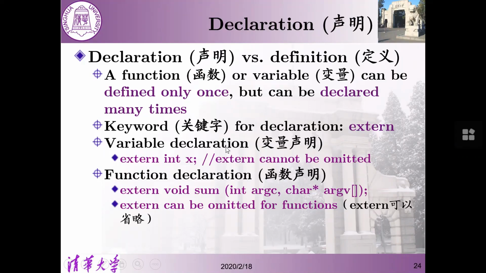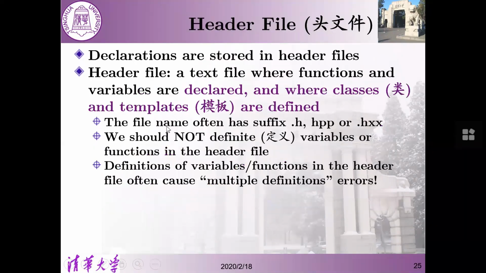For variable declaration, we use extern like this. Now for function declaration, we can use extern like this. But here, for function declaration, this extern can be omitted. That means you just omit this part. It's fine.